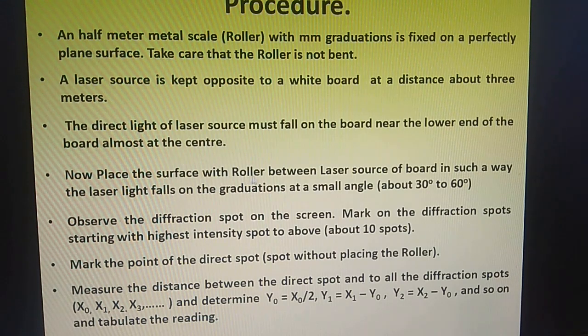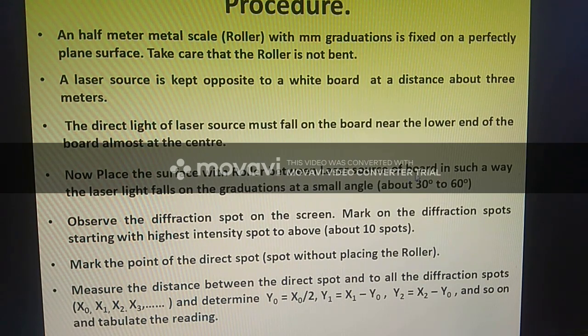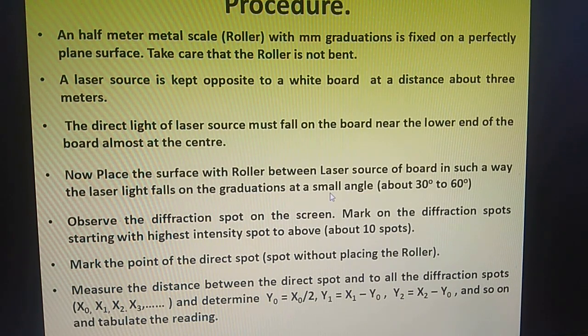Now place the roller between the laser source and the board in such a way that the laser light falls on the graduations at a small angle.